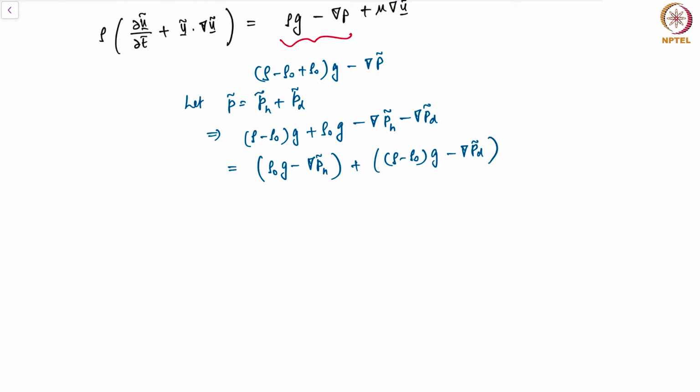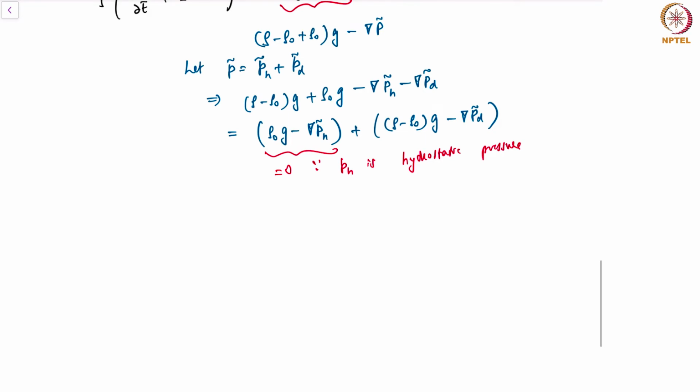Right? So this term can be assumed to be 0 since PH is hydrostatic pressure. I define a hydrostatic pressure such that gradient of this hydrostatic pressure is exactly equal to rho naught times G, where rho naught is the constant density of the fluid. Right?